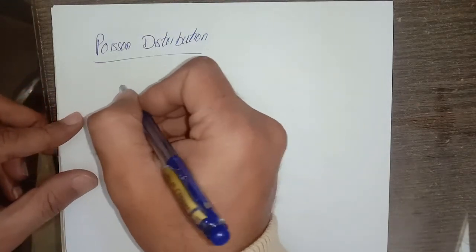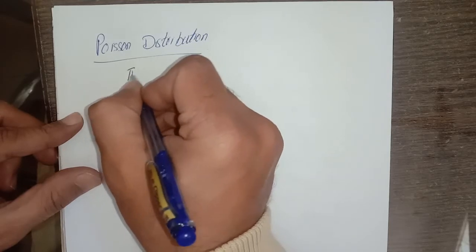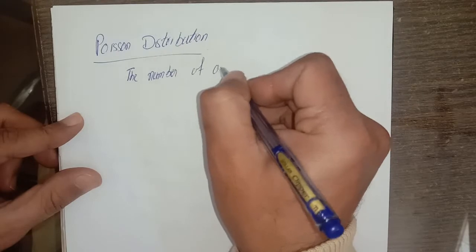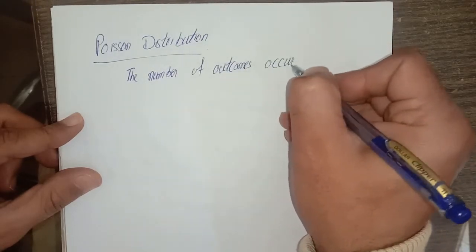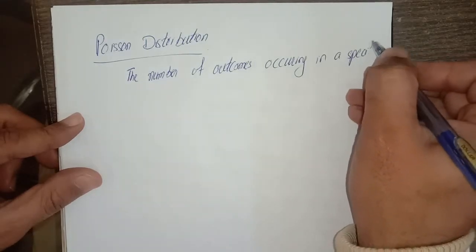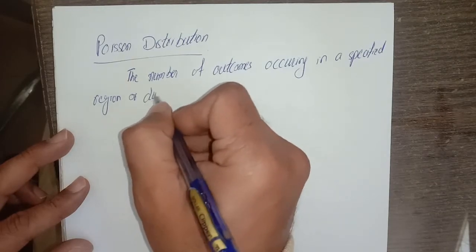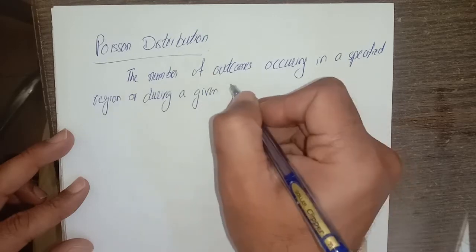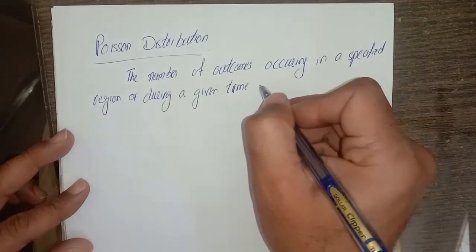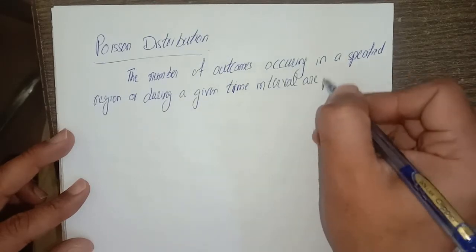First we will look at the Poisson process and the different properties associated with it. In a Poisson process, you find the number of outcomes occurring during a given time interval or in a specified region.